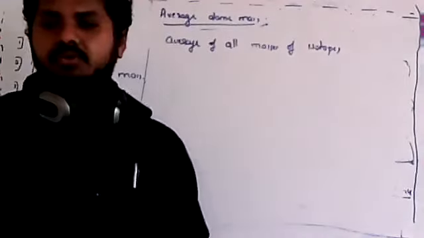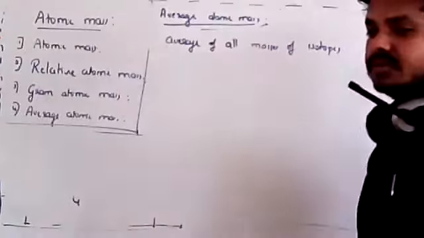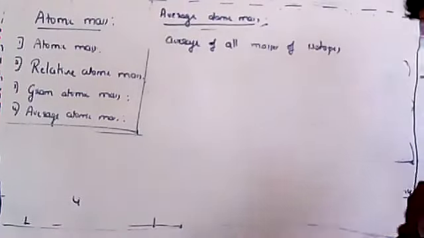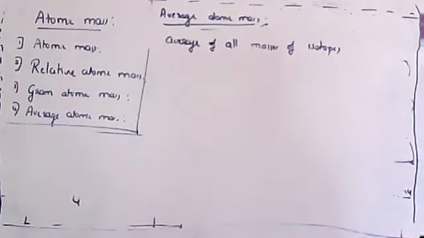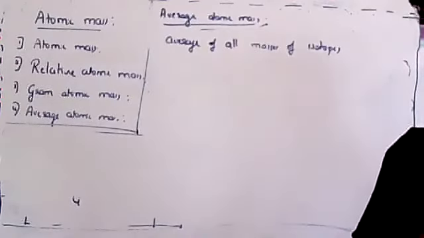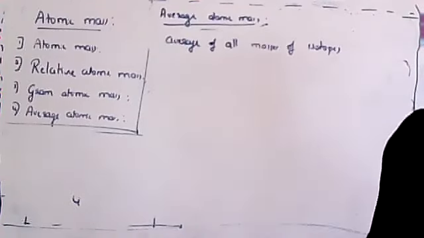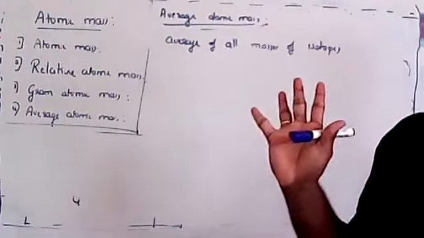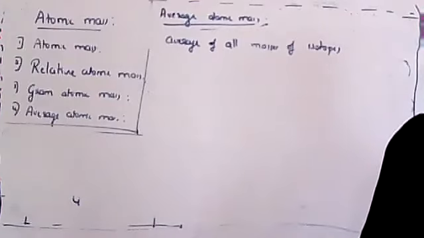If you simply do 35 plus 37, you can calculate that way for one or two atoms. You can calculate only if you are having exactly one atom, or 50 atoms which have 35 and the other 50 atoms which have 37.